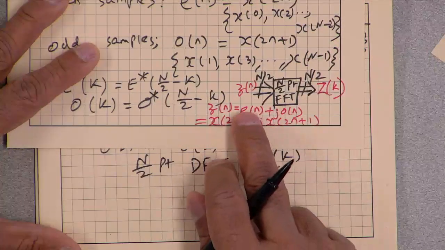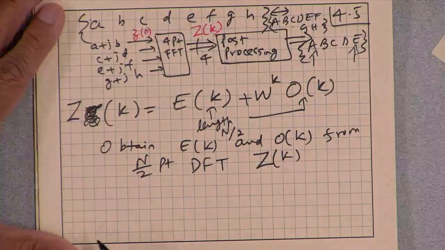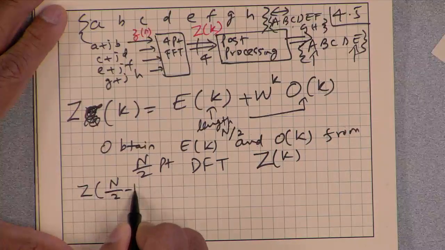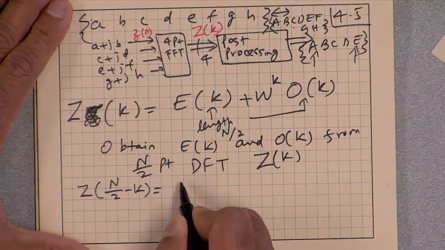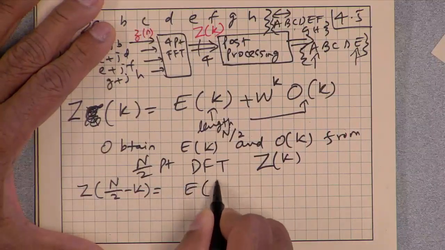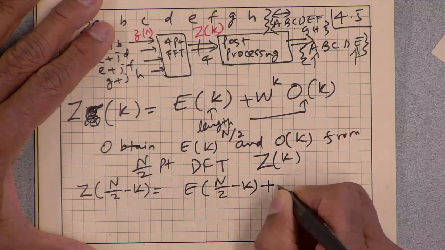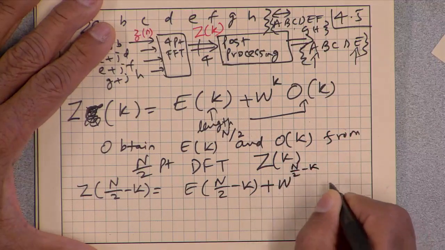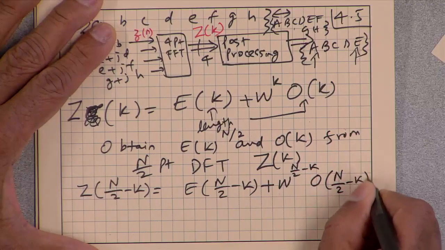Zk is the DFT of this plus j times the DFT of that, equal to that quantity. Then I can write down Z n by 2 minus k, which will be E n by 2 minus k plus w to the power n by 2 minus k times O n by 2 minus k.